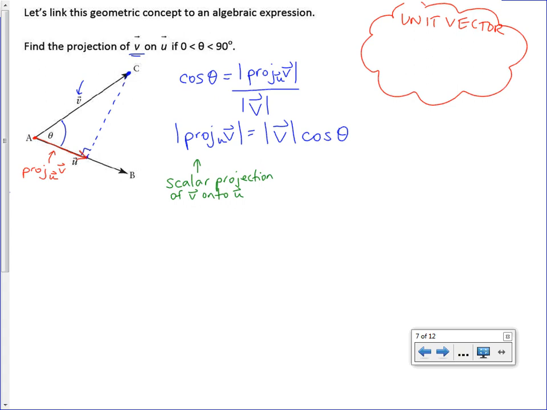If I want a unit vector in the same direction as vector u, right now I have no idea how long vector u is. It's magnitude of vector u units long. If I want that to be 1 unit long, does anyone remember the formula we used to find that unit vector?